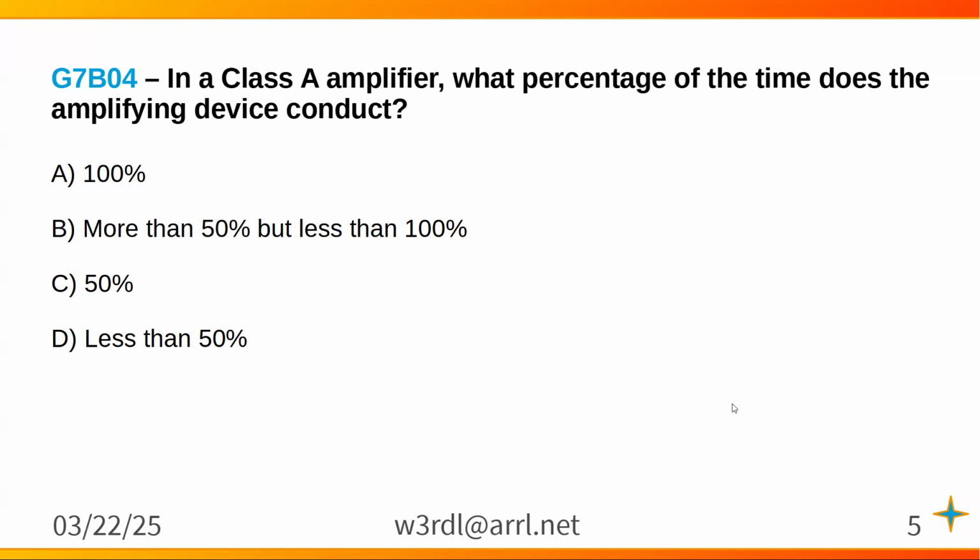You think they want you to go towards alpha and they mean something else? Sometimes they do that, but in this case, remember, you're biased in the middle. So with zero input, you're at half power, and you're either increasing or decreasing. So it's always conducting. That's why it's inefficient, because if you have no signal, it's consuming power.